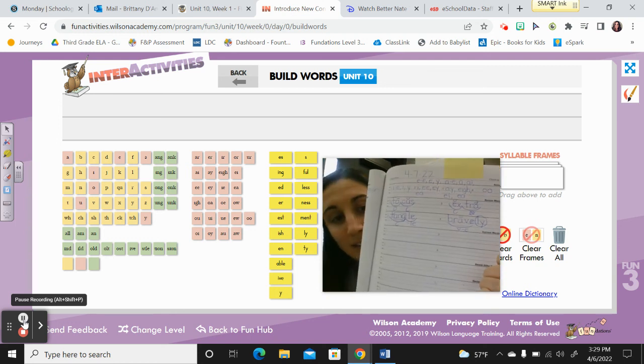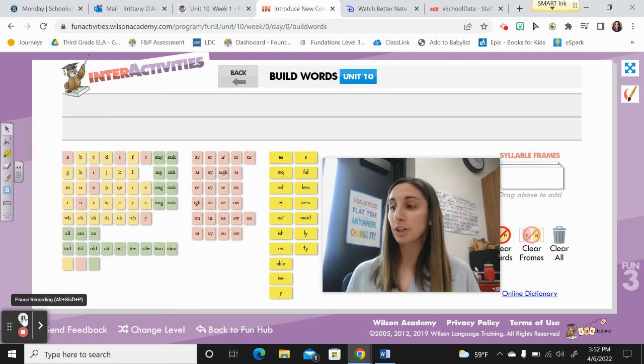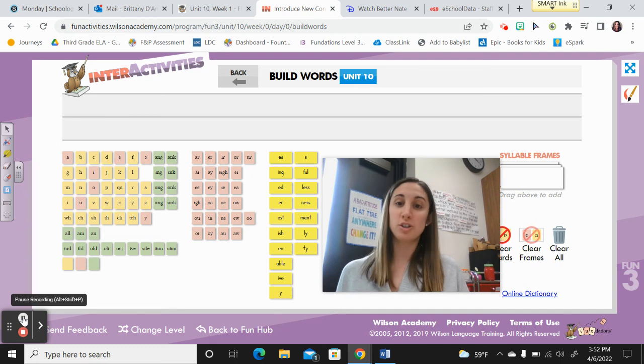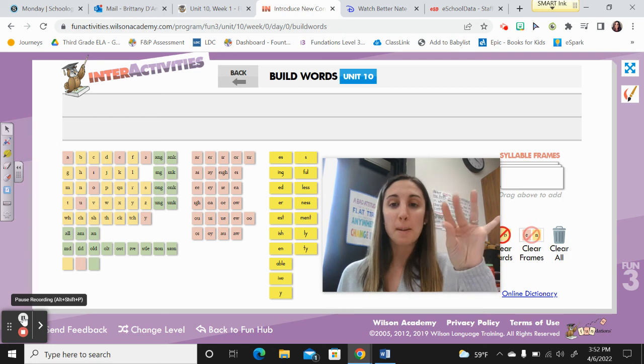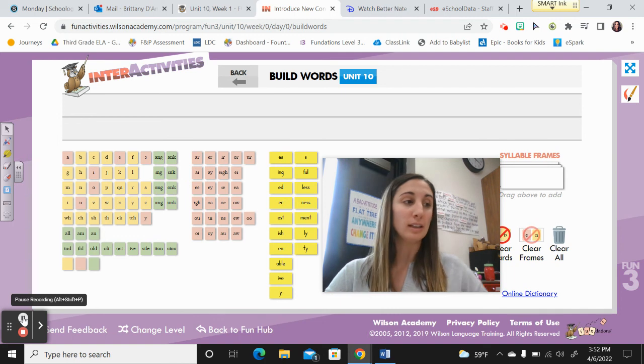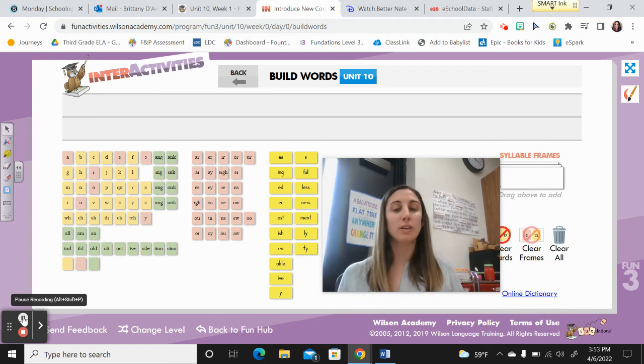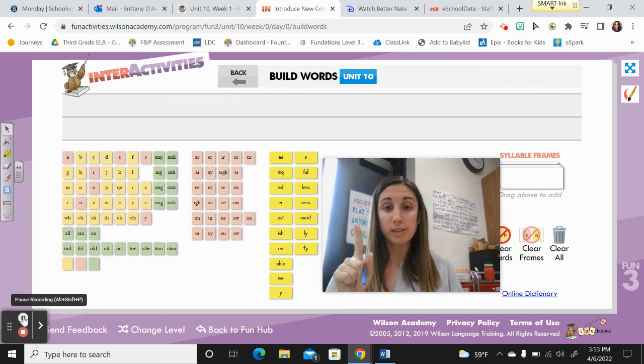Nice work. All right, your first current Unit 10 word is spoil. If you leave meat out of the refrigerator for too long, it will spoil. Spoil. Go ahead, spell it and mark it. Use your tools. All right, spoil is one syllable.